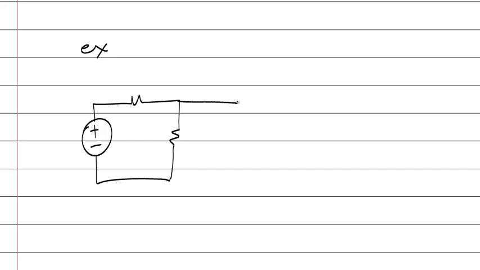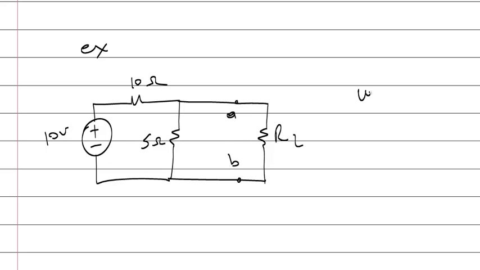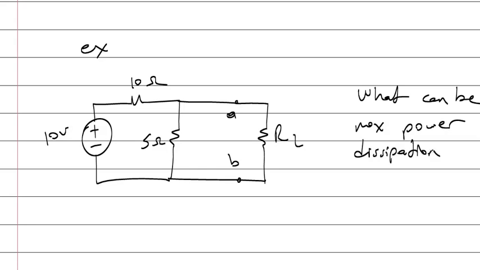Let's have an example. Let me say RL. Question: what can be the maximum power dissipation on RL?